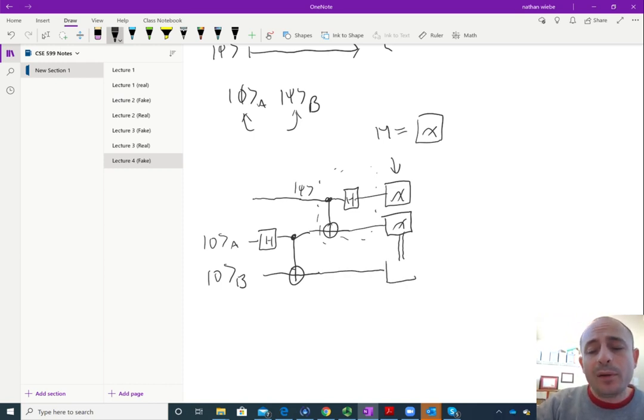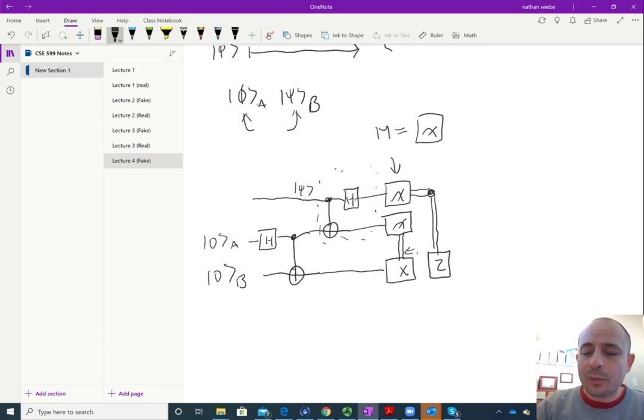And then Bob will, if 1, apply X. So think of this as just like a quantum control, except it's controlled by the measurement outcome. And similarly, she sends this measurement outcome to Bob, and if that one is measured to be 1, then Bob applies a Z gate.